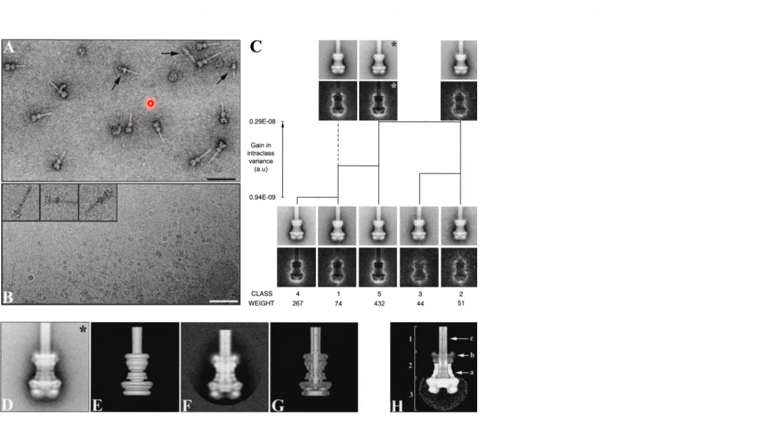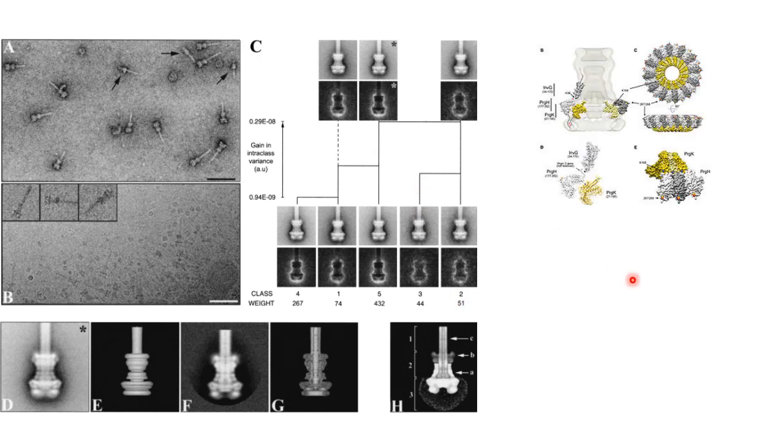Multiple images of the flagella which are lying in one plane are collected, and then they are all unified to produce these averaged images. And then these images are used to reconstruct the three-dimensional structure of the flagellum. That is diagrammatically represented here.